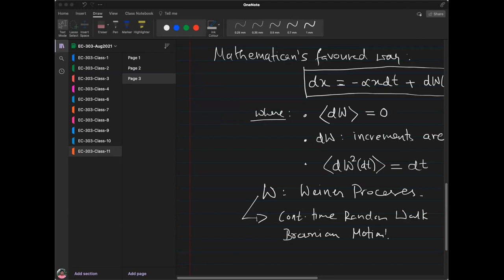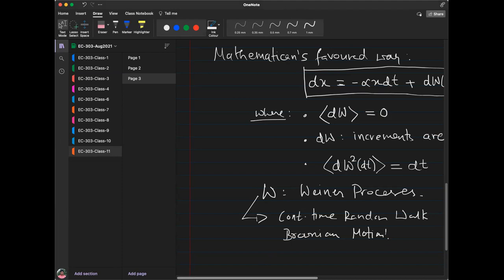But the W is a continuous version of eta t. When you write eta t, do you mean it in the context of the Brownian motion? Yes, it is a continuous version of what we discussed in the Brownian motion.